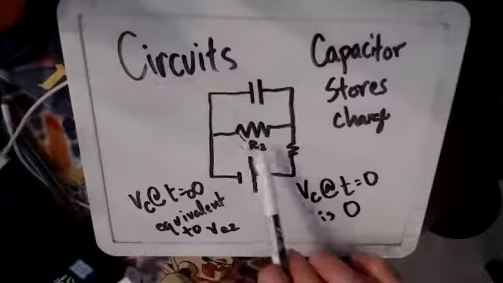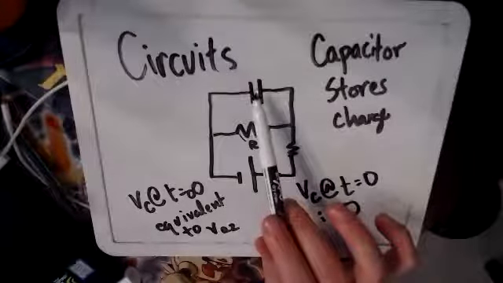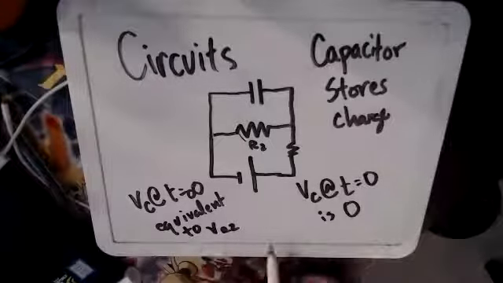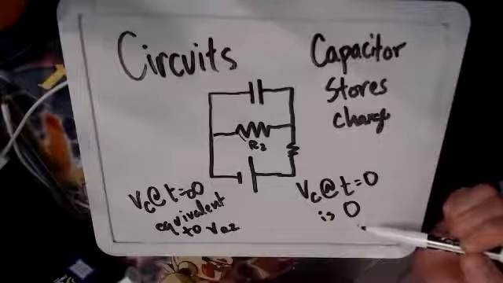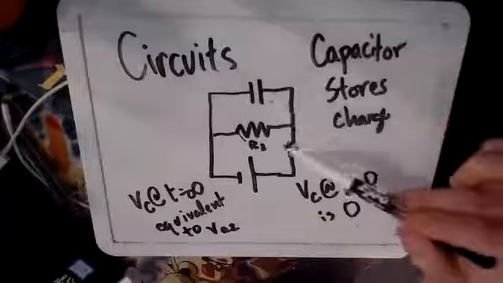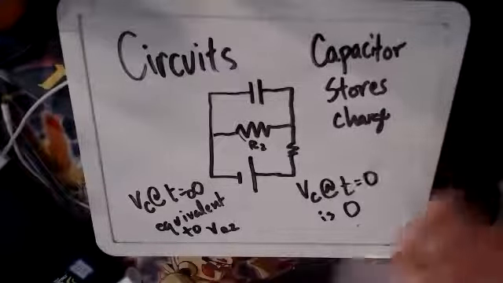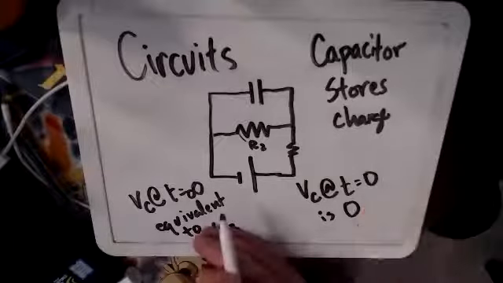Now you know your current, and then do V equals IR, and you got yourself the voltage here, which means you have yourself the voltage here. What this also means is at time 0, the voltage in R2 is also 0 because these are in parallel, which means all of the voltage initially is located here. You look at some things in AP Physics E, it's a natural log statement, logarithmic scale, where you look at the rate at which it happens, but we only need to worry about initial and final states.